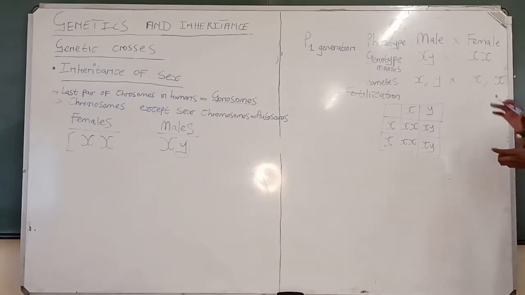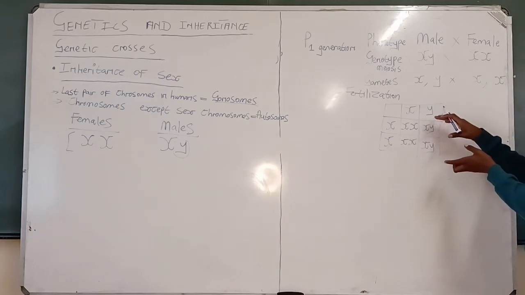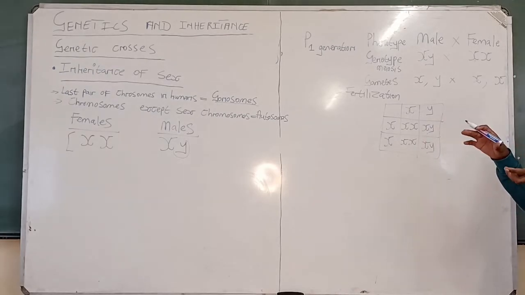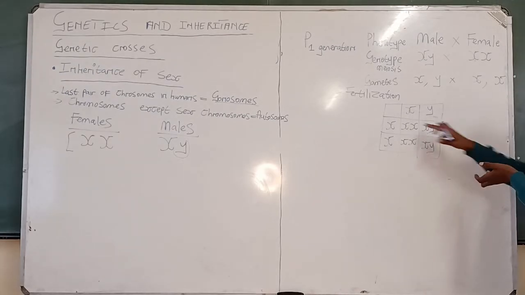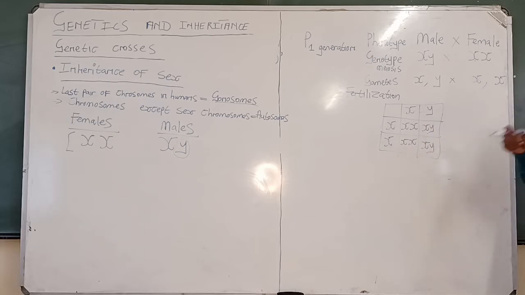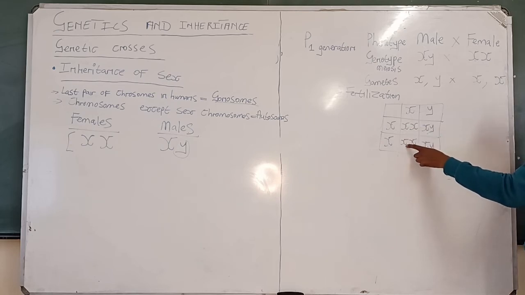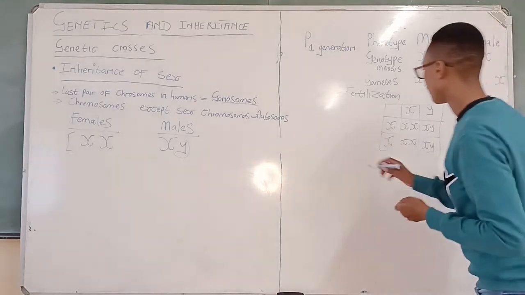Like, I'm not saying that these children actually are going to be present automatically, all of them, 4 of them. No, these are the possibilities actually, the possible outcomes. It's either these parents can have a female, or a male.